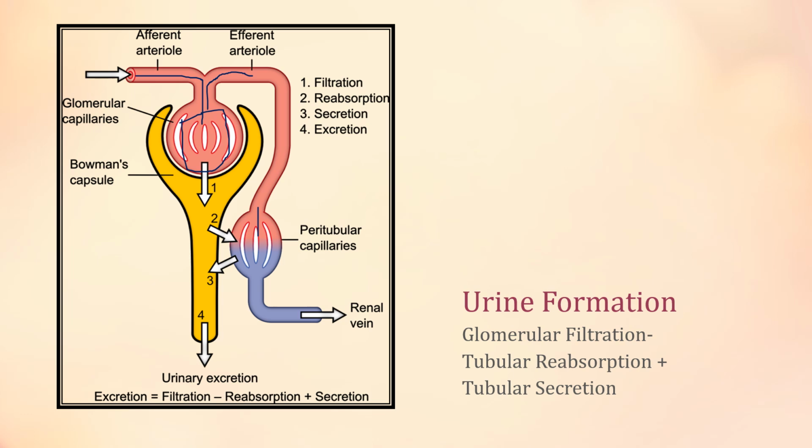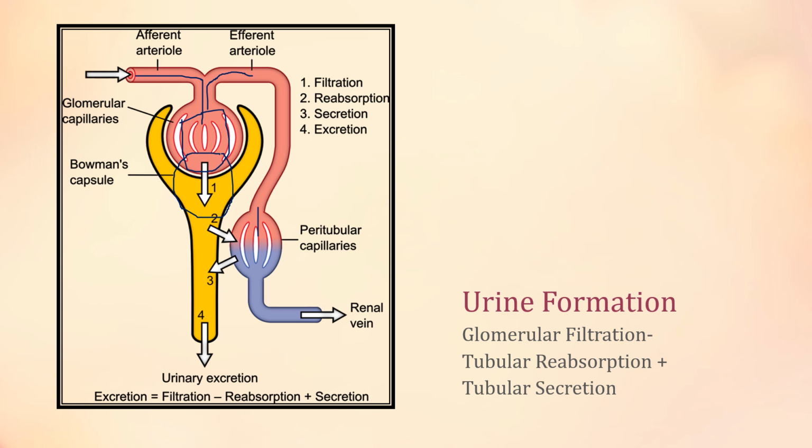The main function of the kidney is to filter fluid from across the glomerular capillaries into the Bowman space, and this is known as glomerular filtration. Glomerular filtration is the process by which fluid is filtered across the glomerular capillaries into the Bowman space.